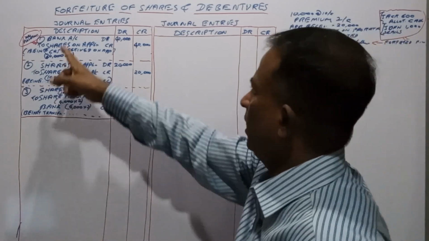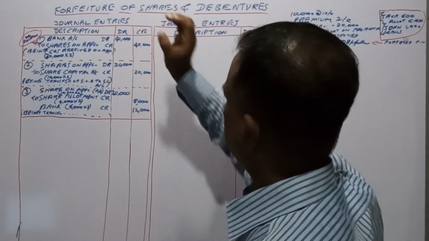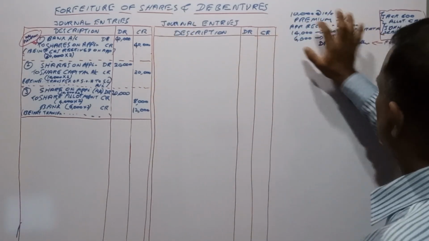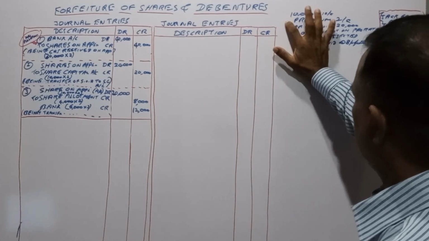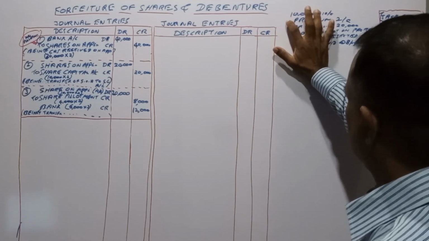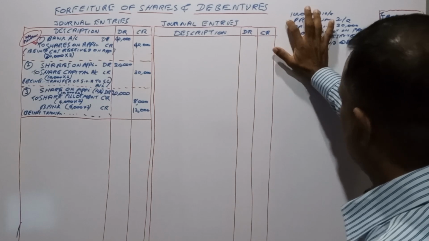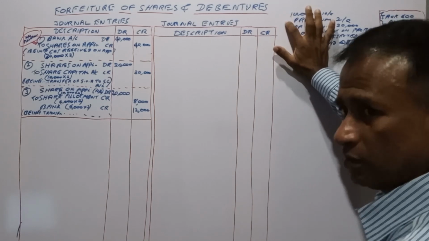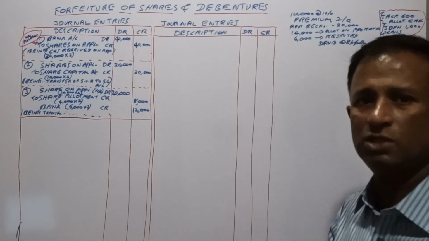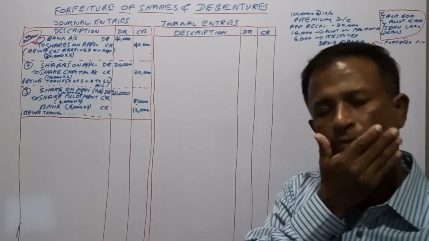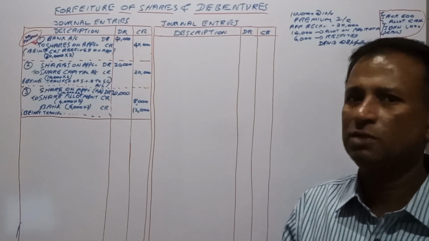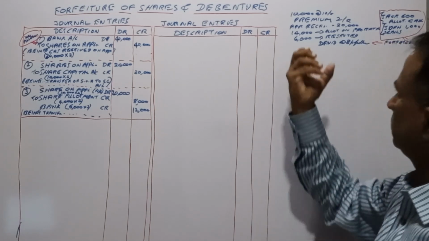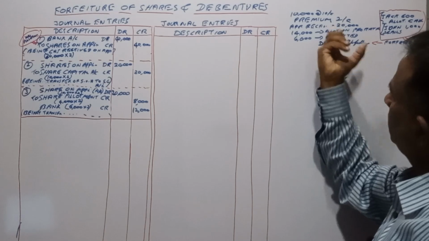Why? Bank account, first of all, we have received 20,000. We have asked for subscription of 10,000 shares only; the company has offered 10,000 shares for subscription, whereas they have received 20,000 applications.